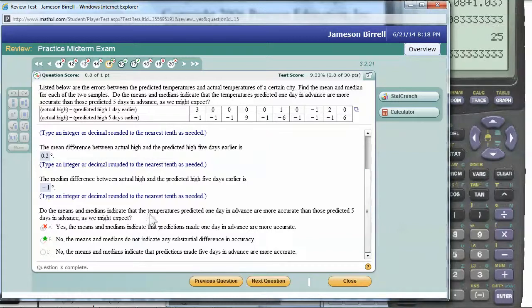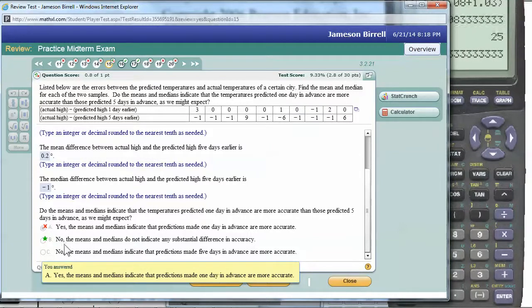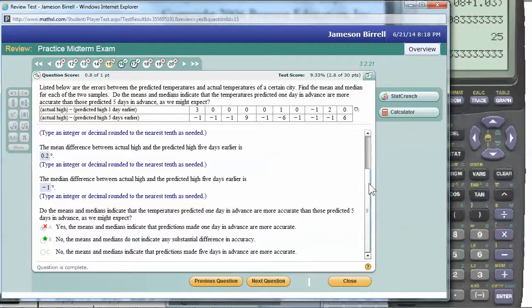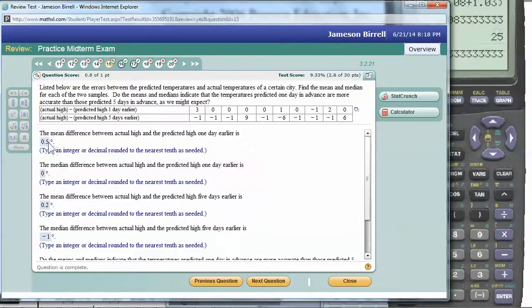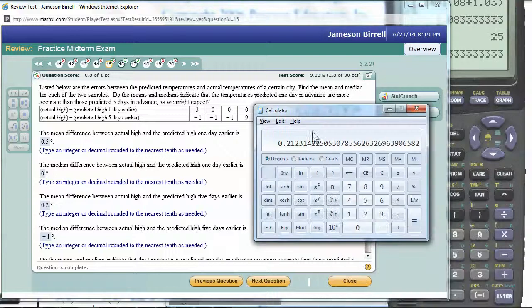Do the means and medians indicate that temperatures predicted 1 day in advance are more accurate than those in 5 days? They said no, the means and medians do not indicate any substantial difference in accuracy. I guess I should have run the numbers deeper. I could see a difference. This was 5/10 and this was 1 2/10. And that seems significant to me.